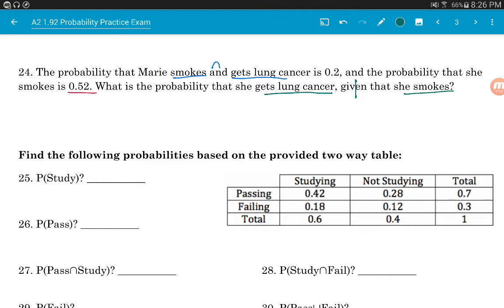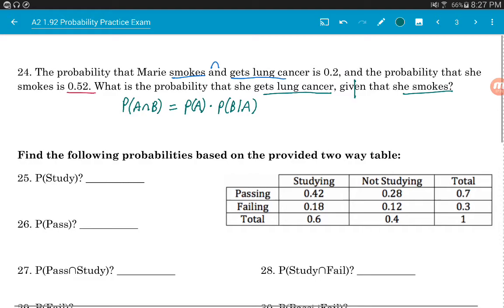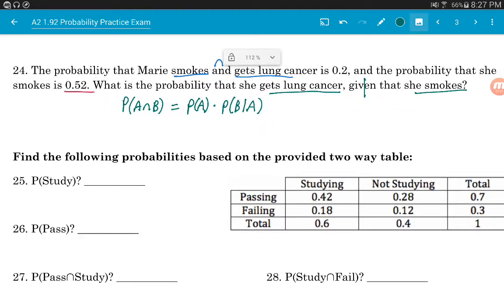Now, smokes and gets lung cancer, that's a formula that looks like this, right? Probability of A and B. And then I have a given in here. So I think the equation that I should use is this: the probability of A times the probability of B given A. So there's only one formula that really matches up with this kind of question.